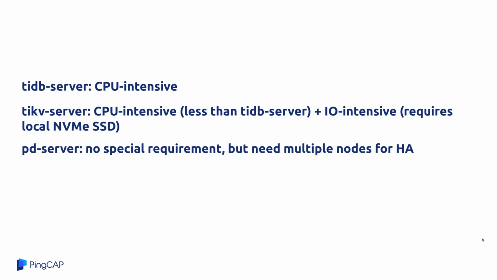So basically, the TiDB server is a CPU intensive component, so use a high-end CPU, the more cores, the better. And the TiKV server is both CPU intensive and I/O intensive, but its CPU usage will be less than the TiDB server, so you don't have to use as many cores as the TiDB server has.